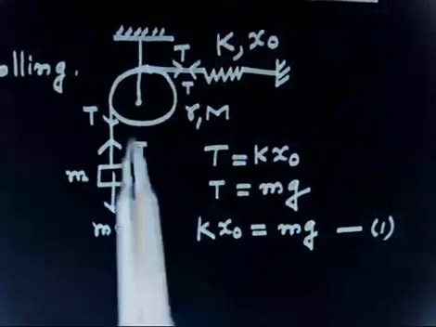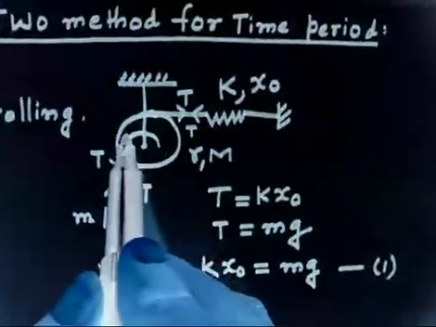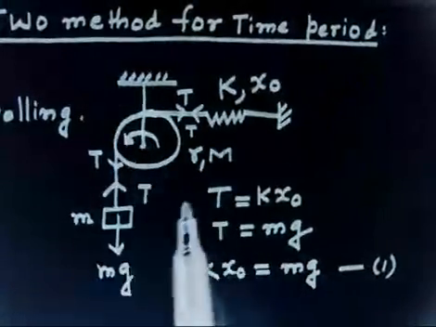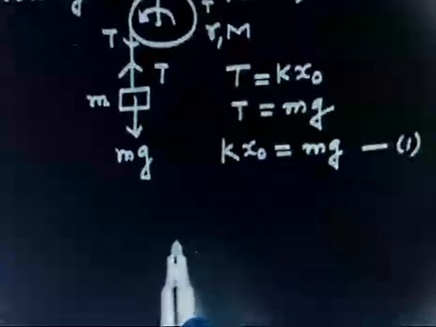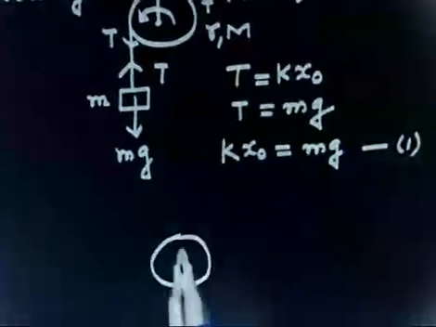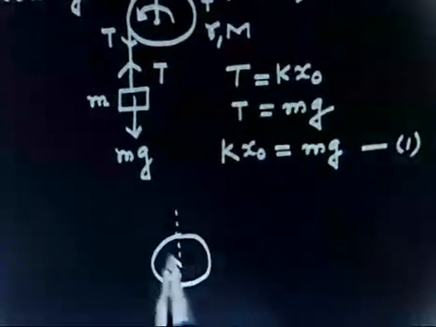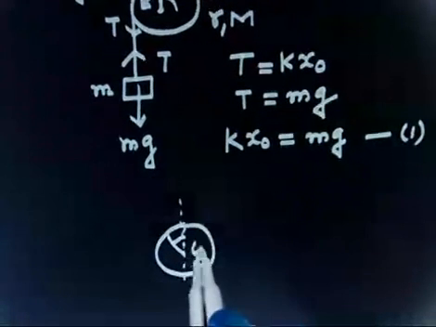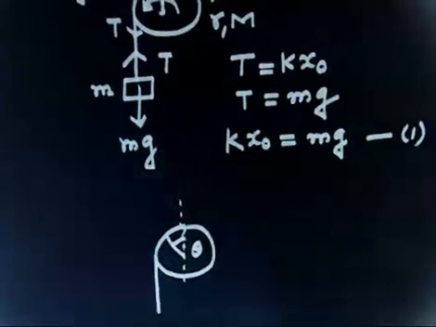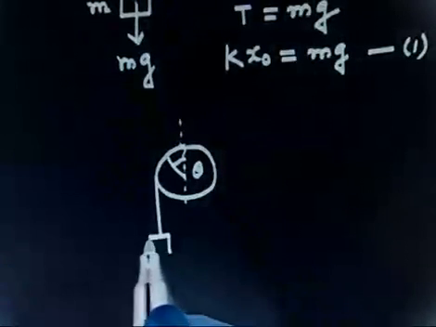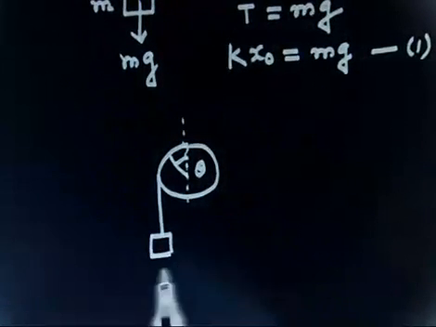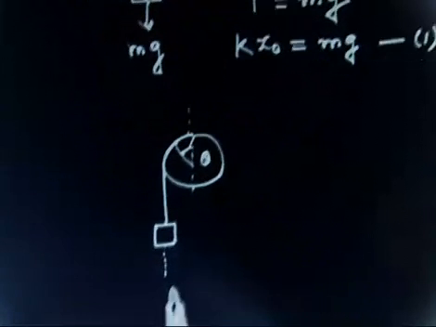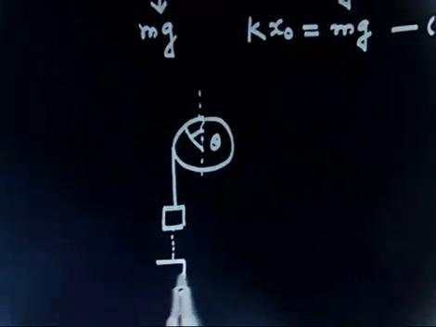Now what will happen if I displace this disc by angle theta? Let us say this is a small angle and the displaced angle is theta. This mass, which was initially here, will now fall by some distance and come here.